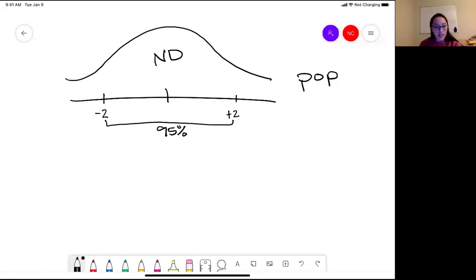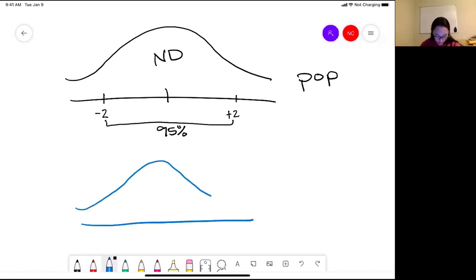So if some sample that we throw into our population, we want to know where it's located, right? The chances of it being between plus or minus 2 is pretty good, which means we could probably accept that that sample is from that population. So when we do our statistics, let's say this is a sample, and this is my mean.